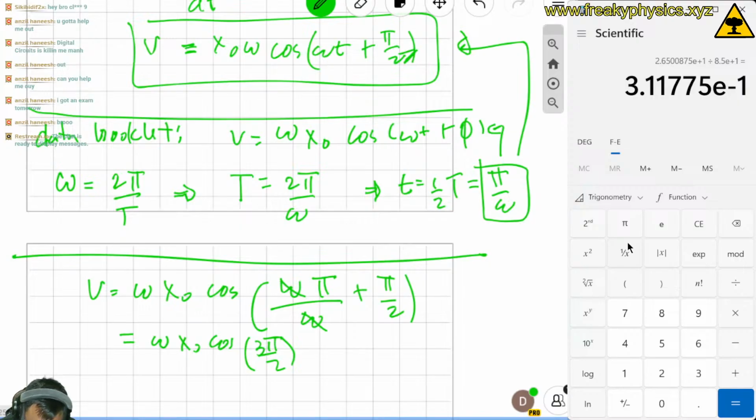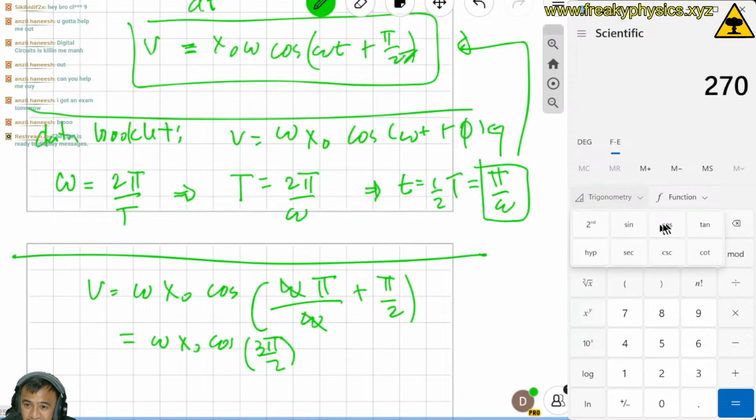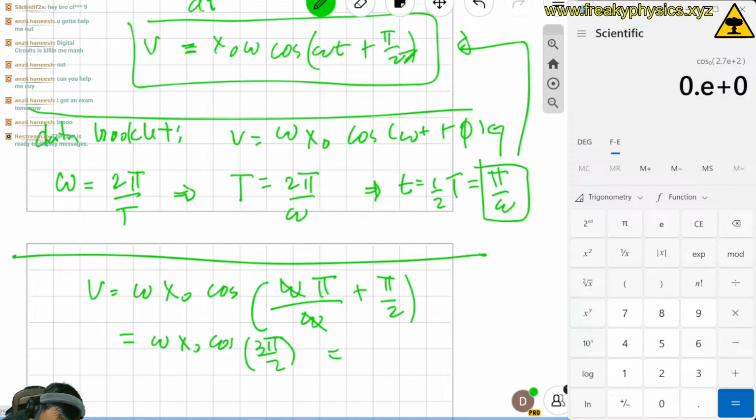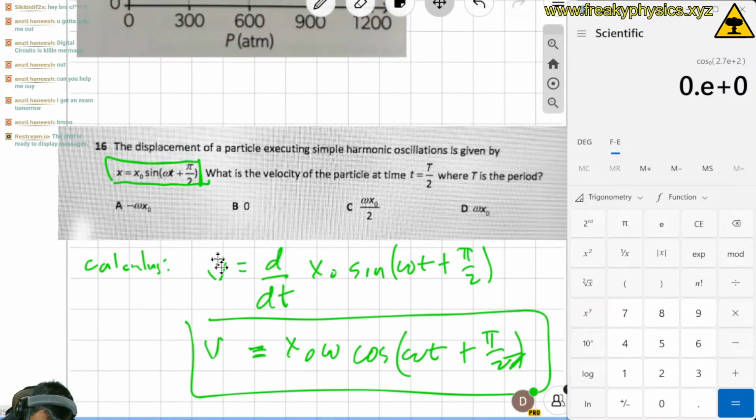Since the brain isn't working, let's just use a calculator. That's 0. So we know the velocity already. Cos 270 is 0, so we have our answer, B.